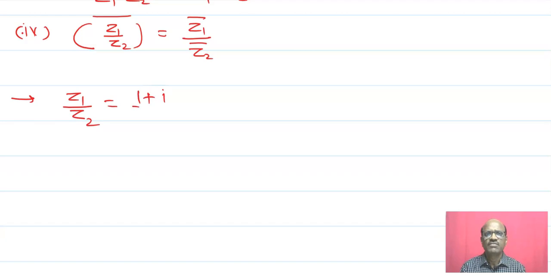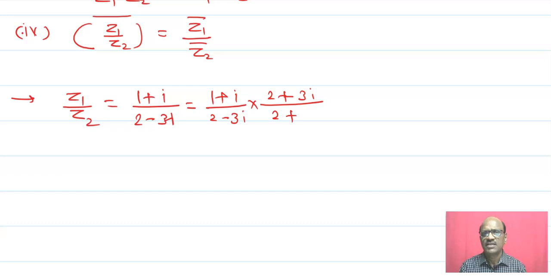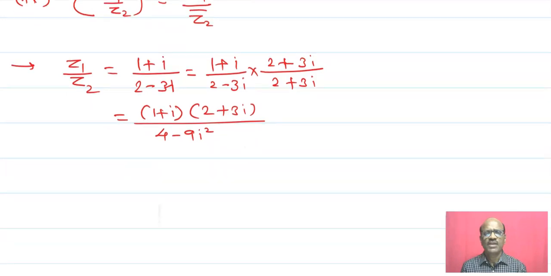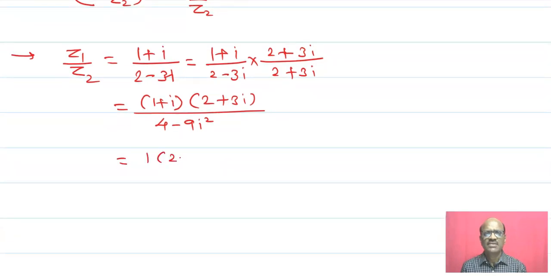Next, there is division in the form z1 upon z2 bar is equal to z1 bar upon z2 bar. Now z1 upon z2 is equal to 1 plus i upon 2 minus 3i. Now multiply with its conjugate: in bracket 1 plus i, 2 plus 3i upon 4 minus 9i square.